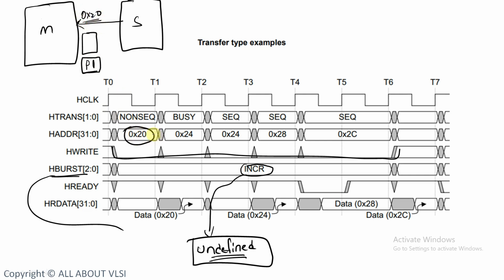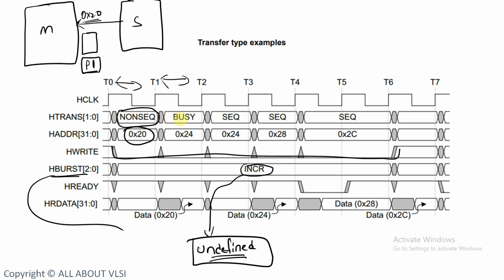In the T0 to T1 cycle, the HTRANS, the transfer type, is non-sequential. Why is it non-sequential? Because it is the first packet. The first packet address is completely random and not related to any other transaction addresses. So that's why it is non-sequential.